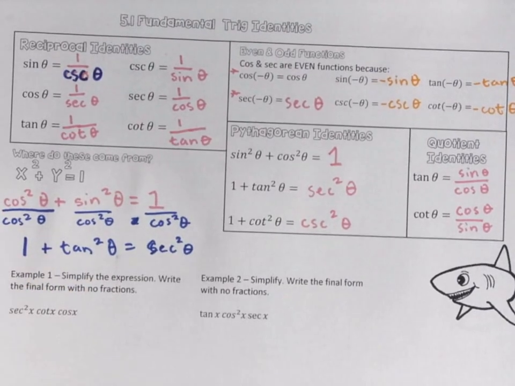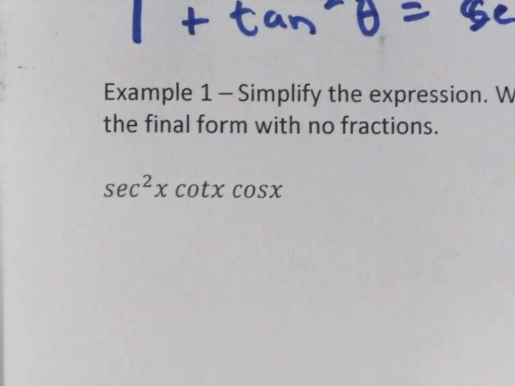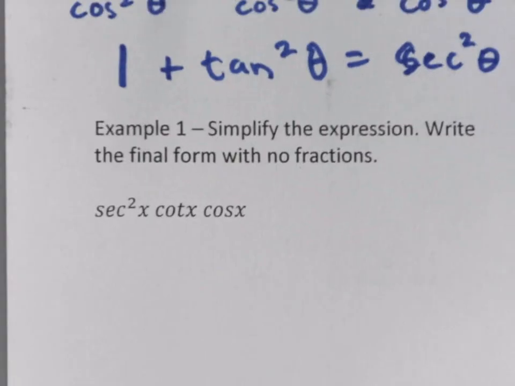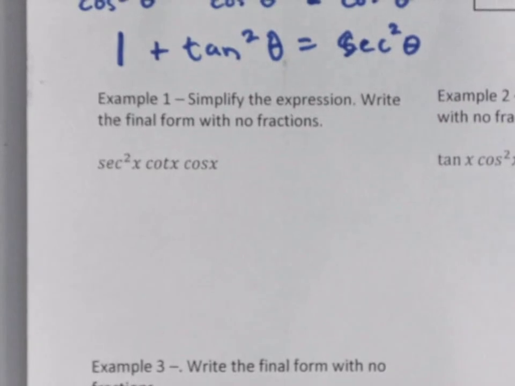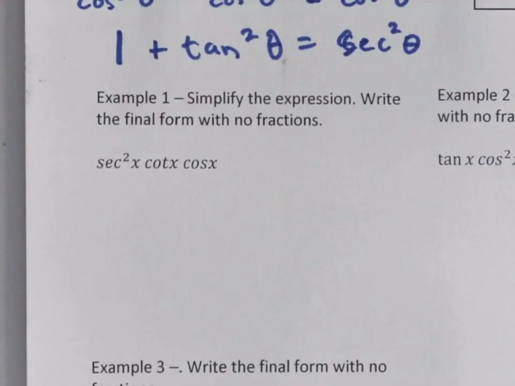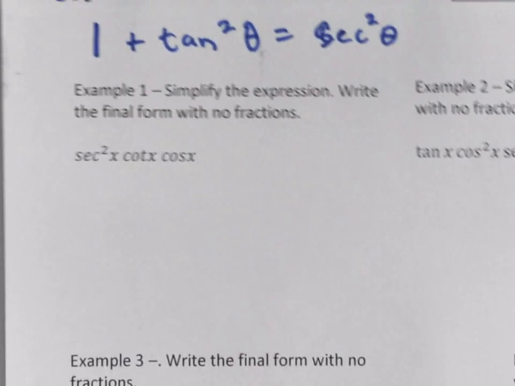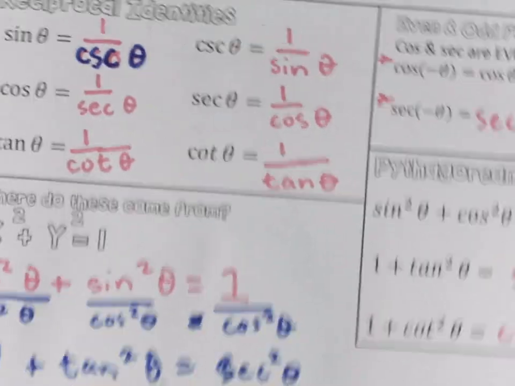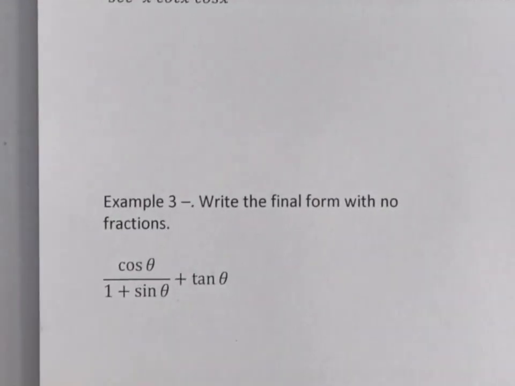All right, so let's see where we actually use these. Let me zoom out a bit. We have these different expressions, and they can be simplified and written without a fraction. So what we'll want to do is use what we know about all these identities to simplify these as much as we can until it meets the criteria.